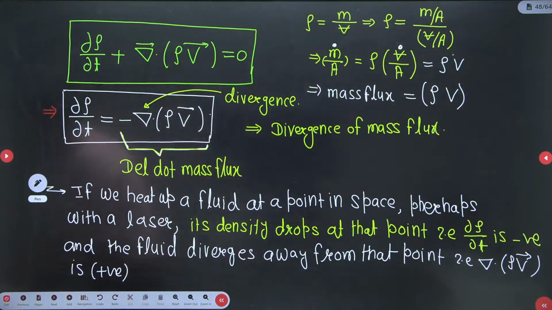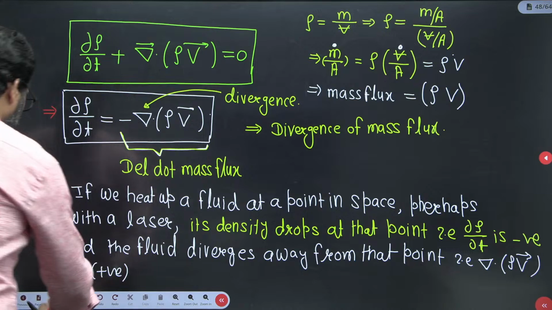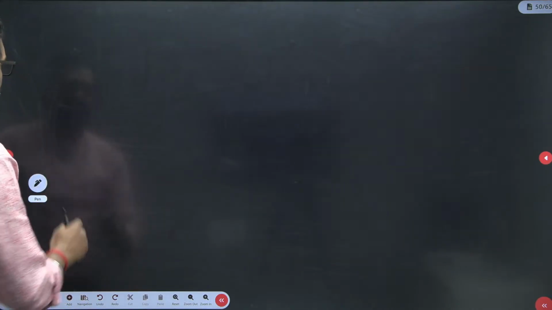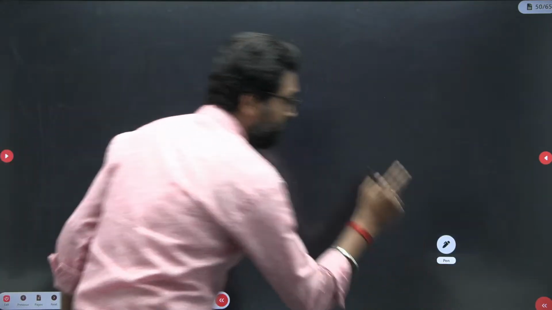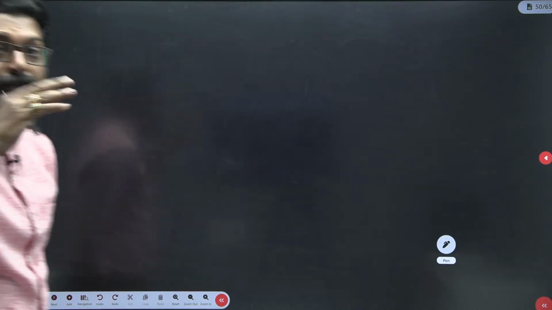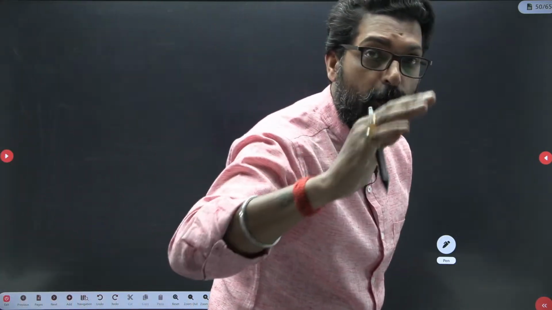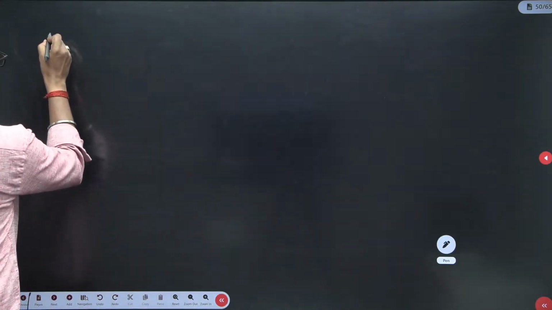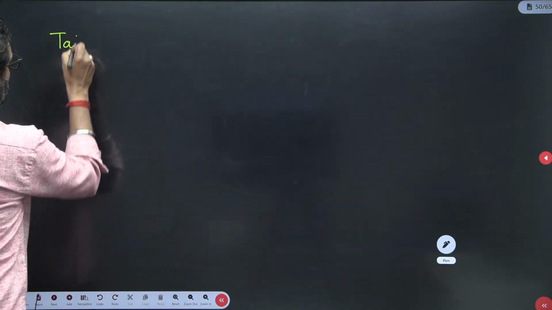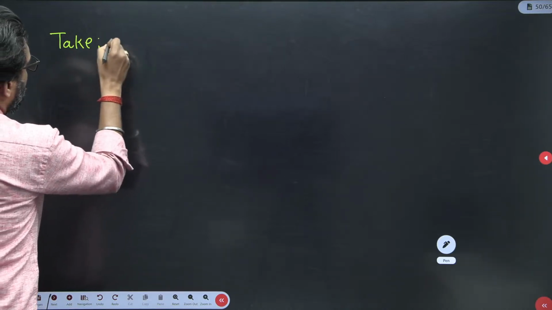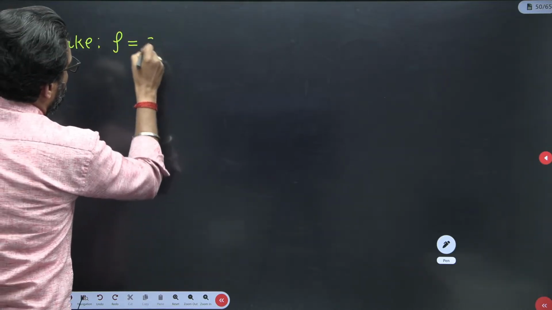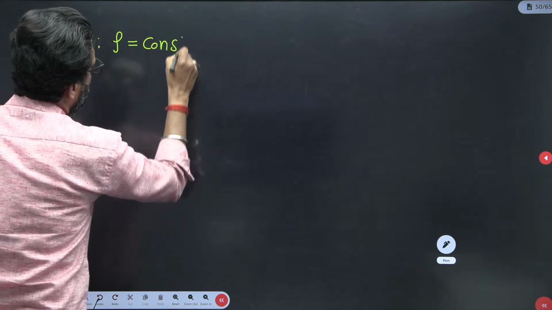Okay, my dear. Now let's suppose we have to perform the next thing. What is the importance of this equation? These are the importance of the del operator with the help of the continuity equation. Let's suppose we take density constant.